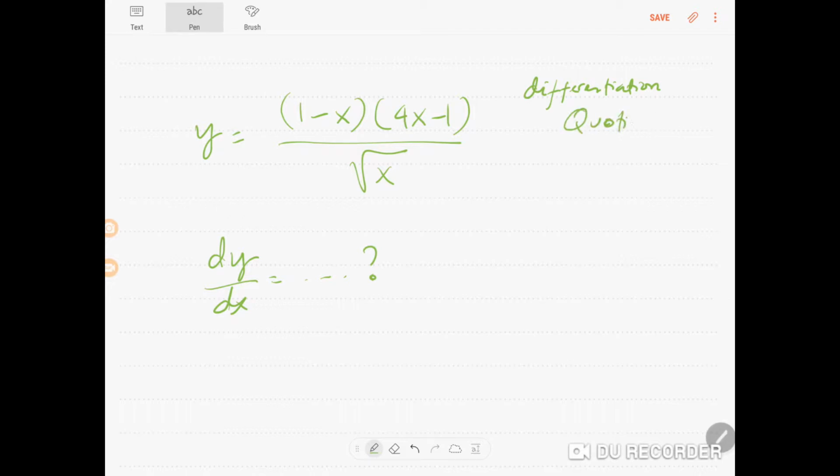The name of that rule is quotient rule, all right?